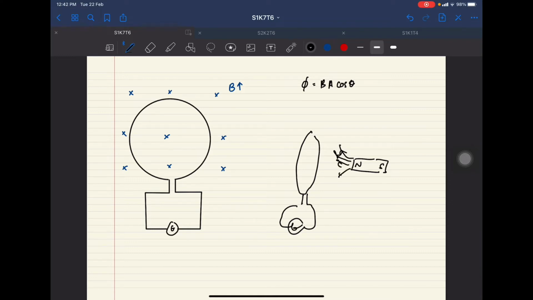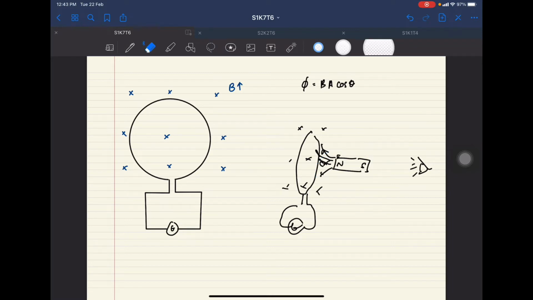If you look from this point of view, you can see that the magnetic field is going into the page like that. When you move the magnet closer, initially it's further away, and if you bring it closer, you will expect the magnetic field to increase. So this is the situation here.